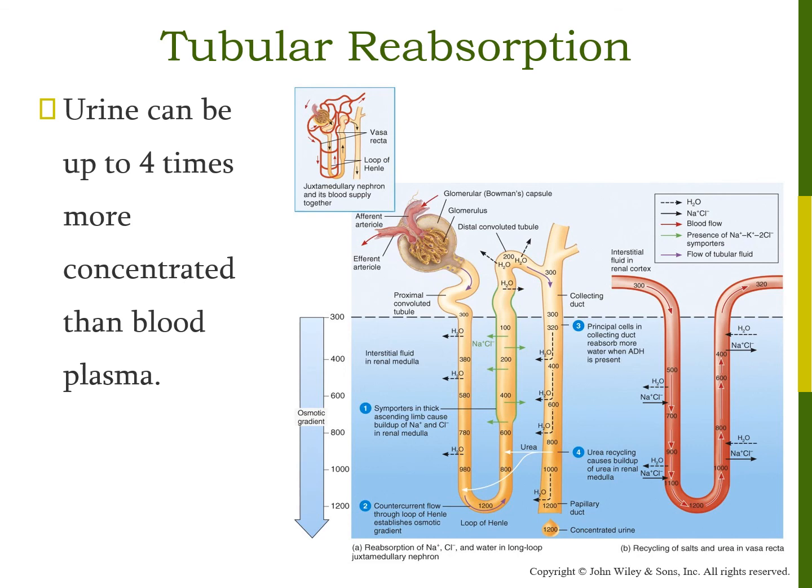But we also have the mechanisms associated with the anatomy of the loop of Henle and vasa recta that allow for concentration of the urine.